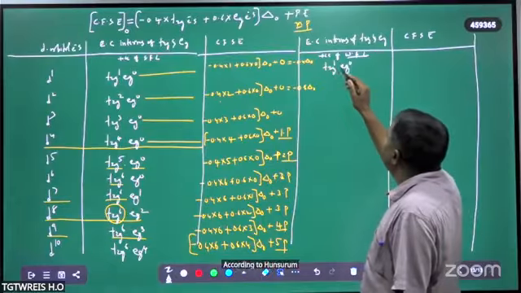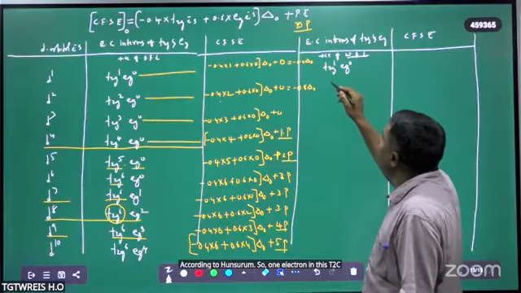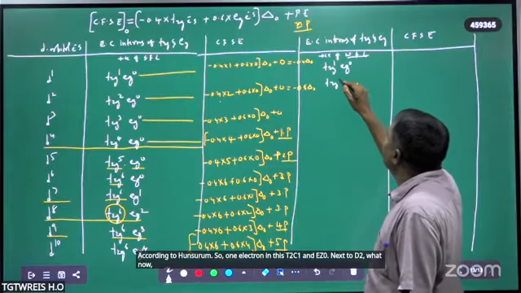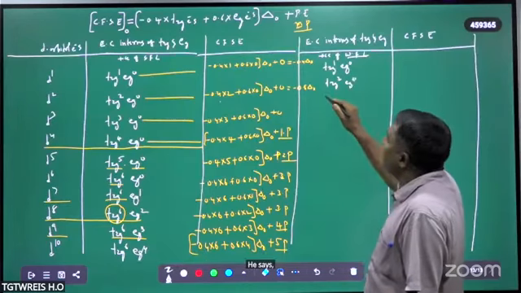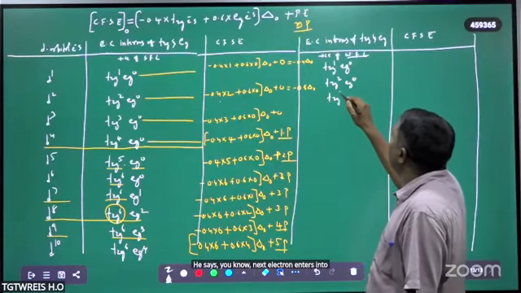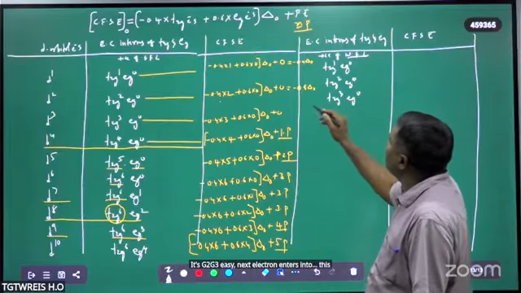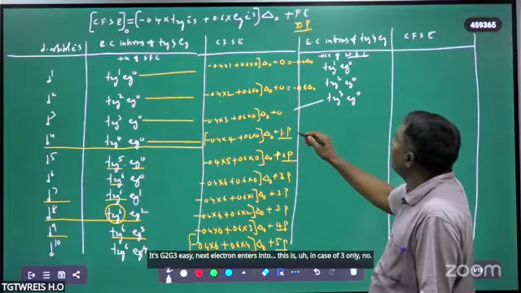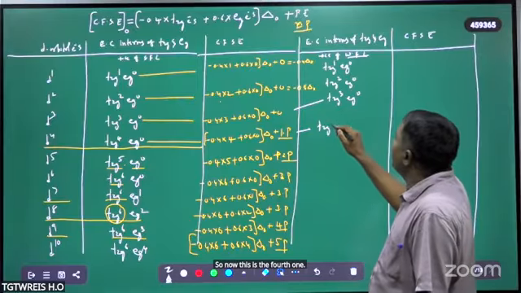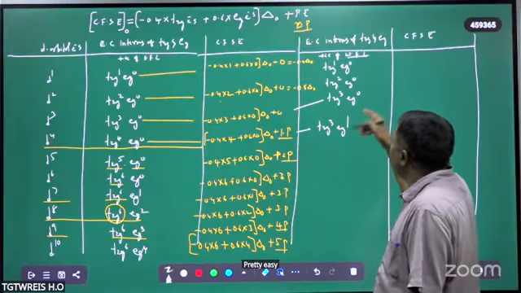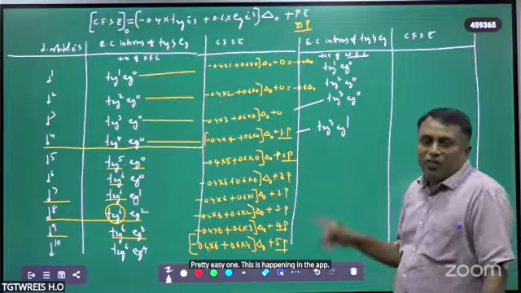So one electron in t2g1 and eg0. Next d2 what now? t2g2 eg0. Next electron enters into t2g, t2g3 eg0. Now this is the fourth one, t2g3 eg1. This is happening in the weak field ligand now.